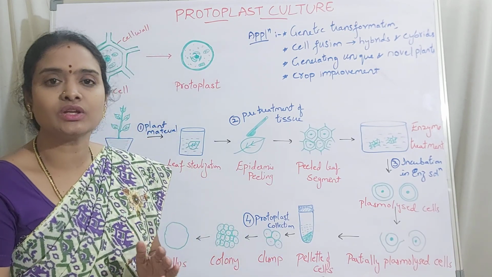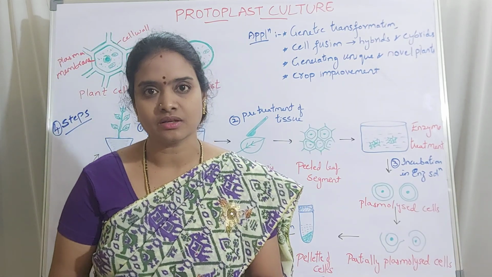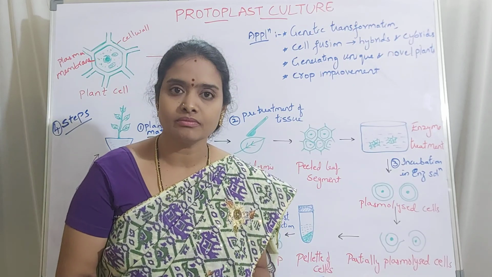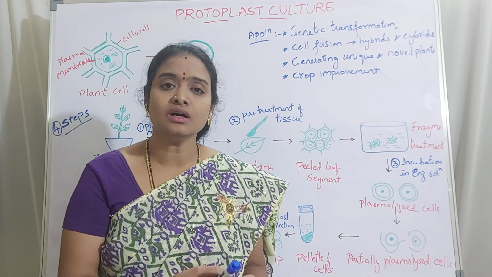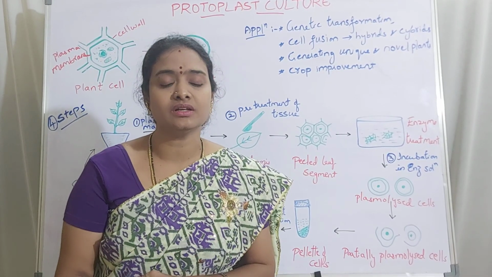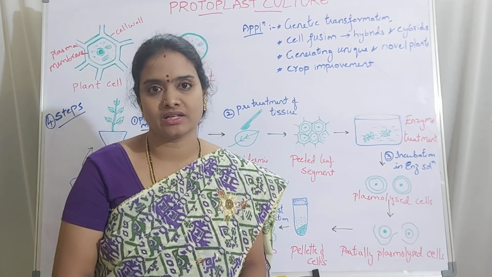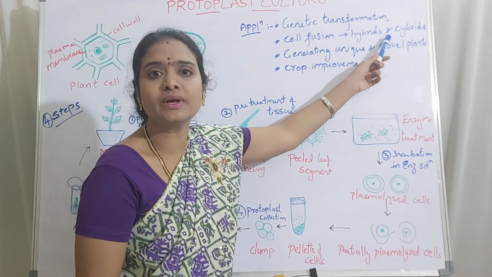So when you isolate the protoplast from the tomato plant and the potato plant, what happens? You fuse them with the help of polyethylene glycol. Right? So here, after fusing, what is obtained? The plantlet which is obtained is called as tomato plant. Right? So in order to get a hybrid or hybrid varieties.